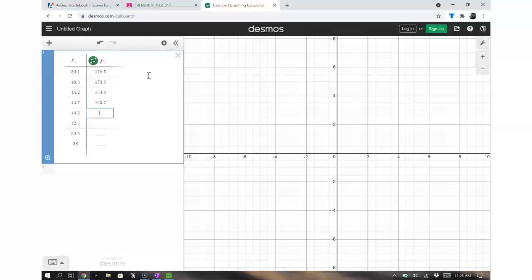Now, normally you would be expected to create an equation based on all these numbers. That's kind of tough, right? So we're going to let the computer do all the hard work for us. 168.3 for my next one. 165, 155.4, and 155.